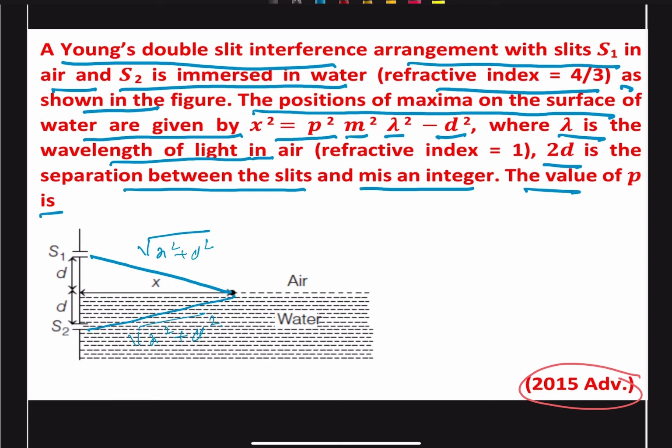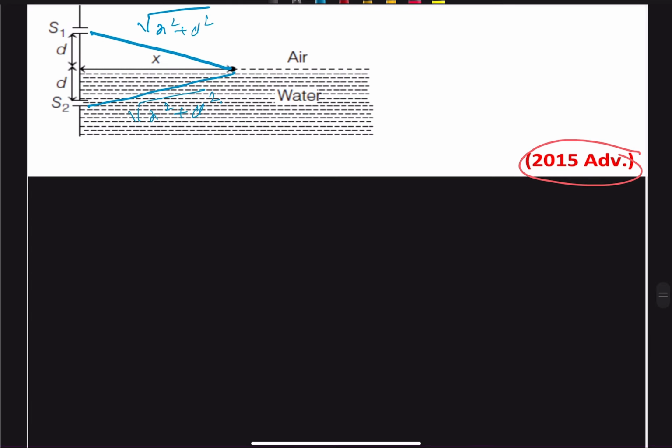And for maxima, the path difference should be equal to m times lambda. So we start from there only. So we say for maxima, path difference is equal to m times lambda.